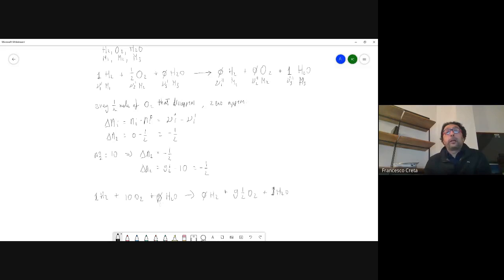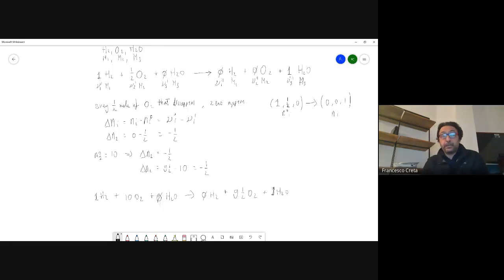So in this case, we had this initial composition: 1 mole of hydrogen, half a mole of oxygen, and 0 moles of water that will transform to 0, 0, 1. This is Ni, my final composition.